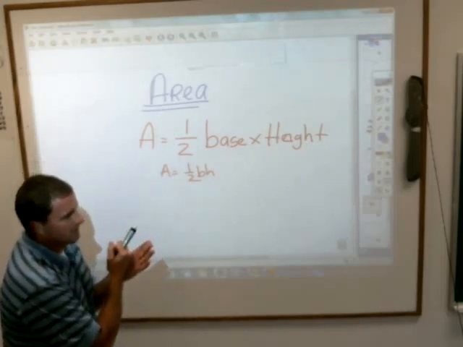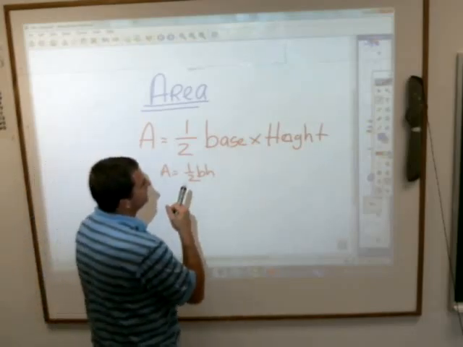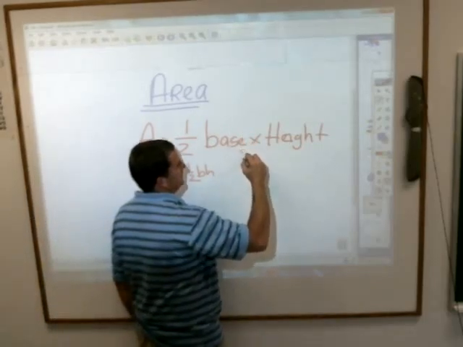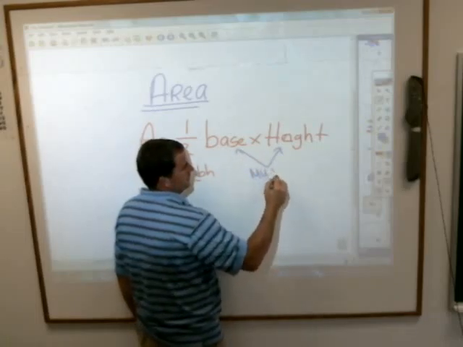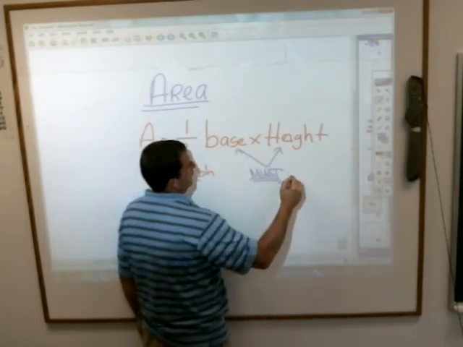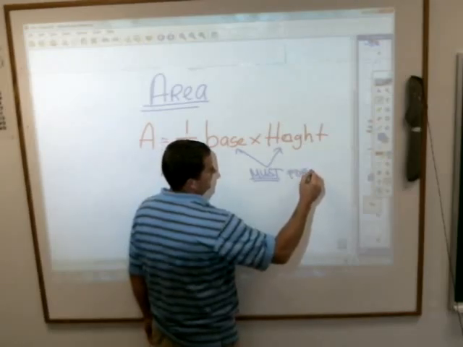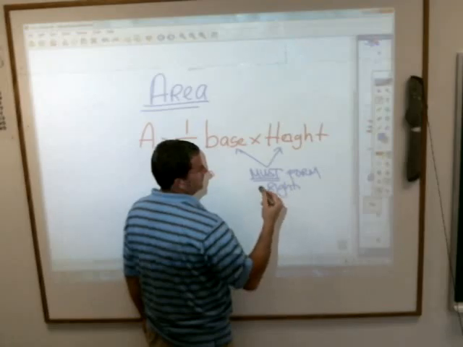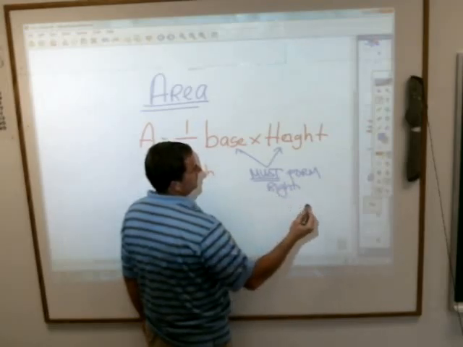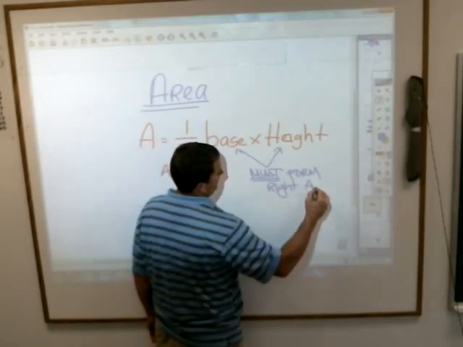I'm going to give you a chance. Well, base and the height, these two things must form a right angle. The only way for you to call something the base and the height is they have to be two things that form a right angle.